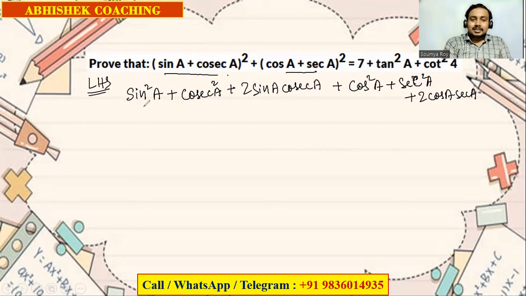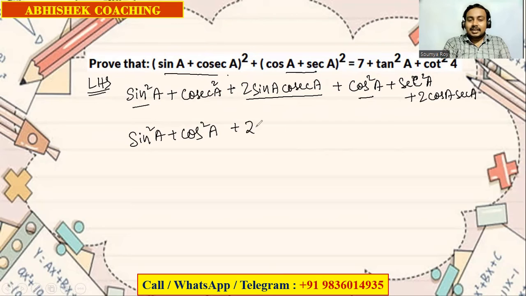Now you know sin square a plus cos square a, we get 1, is it? Then again, let's see. Sin a into cosec a, we get 1. As you see, sin and cosec are reciprocal of each other, so if they are multiplied, we get a 1.